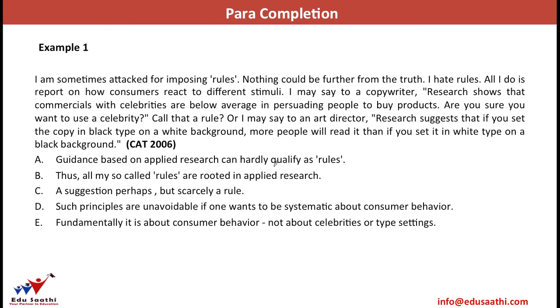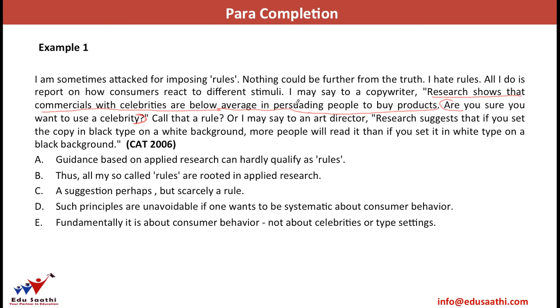For example, in this line, he's giving you a valid reason why he asked the director this question, that do you want to really use a celebrity. So he just said this line because he knew that the research shows that celebrities are not very persuasive in making people buy a product.